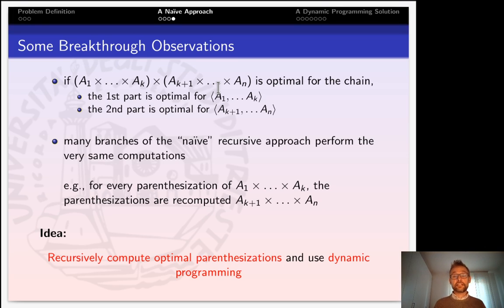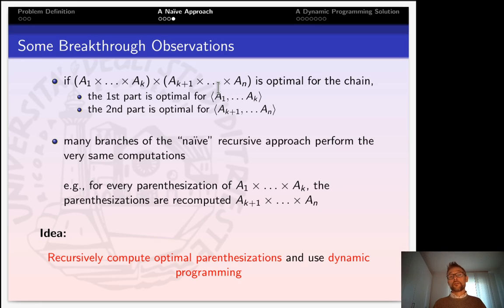So the idea is to use what is called dynamic programming. Dynamic programming is a technique meant to reduce the number of recursive calls simply by storing, or memoizing, as it is called, not memorizing but memoizing, the results of previous recursive calls.